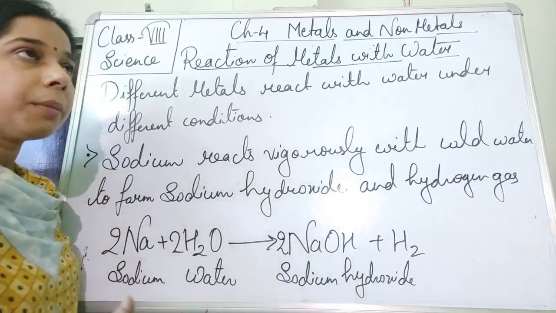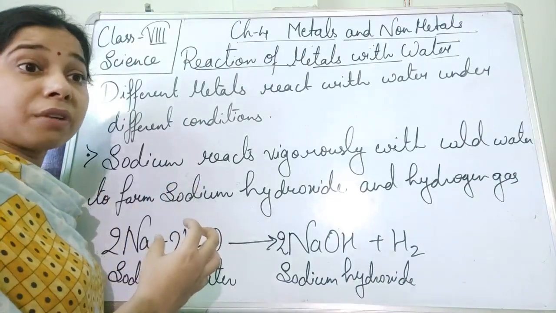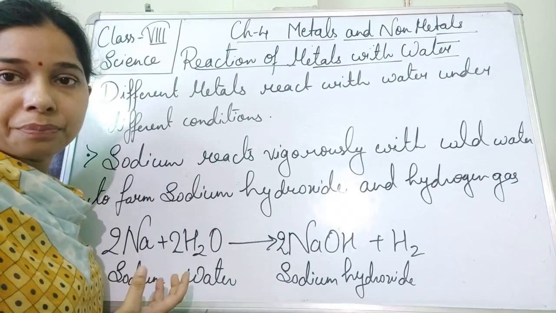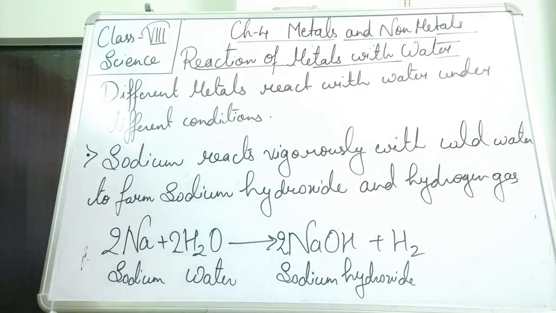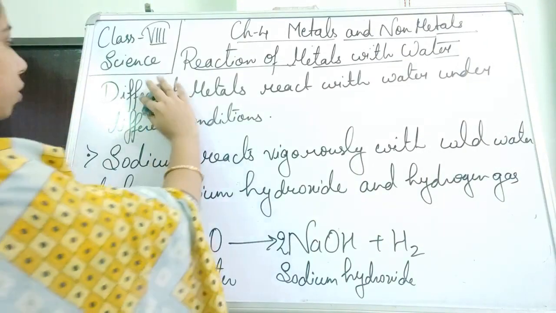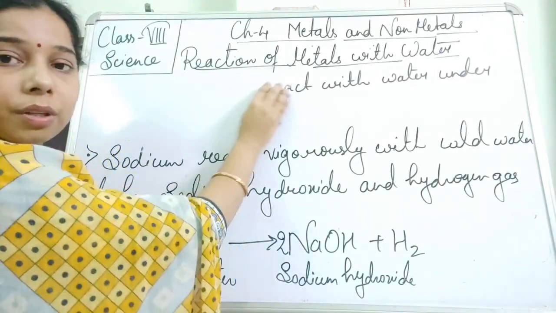Exothermic is what, student? Do not get confused with this word. It means it releases a lot of heat. So this reaction produces a lot of heat. We can write here that this sodium and potassium reaction produces a lot of heat, students.